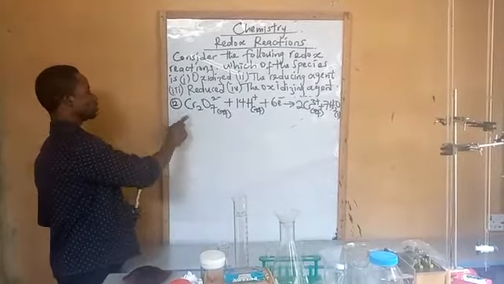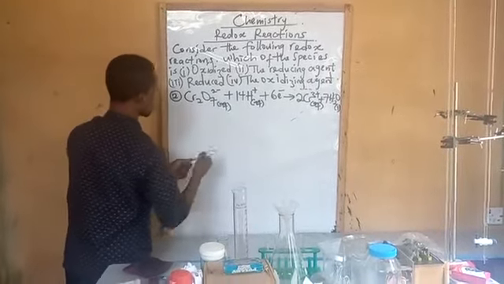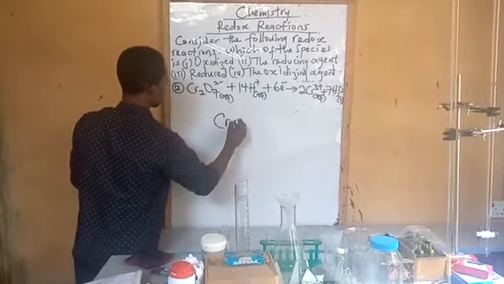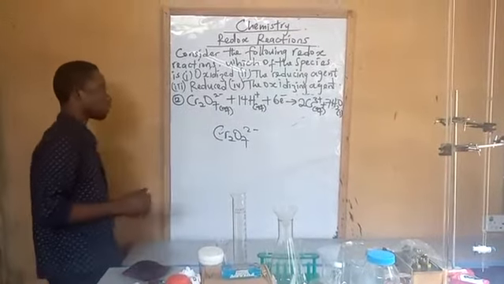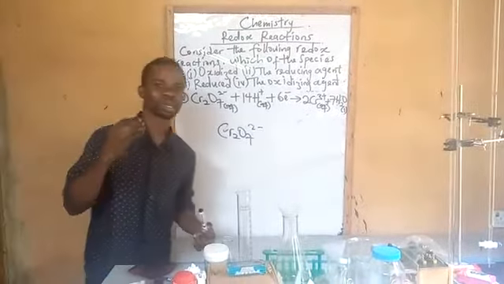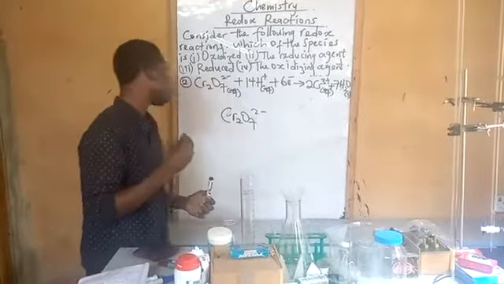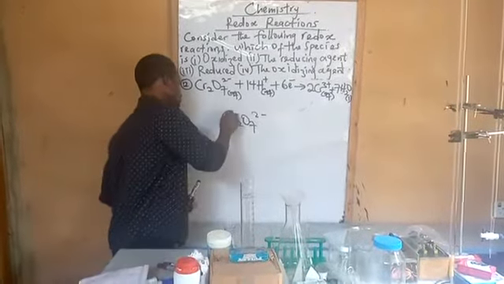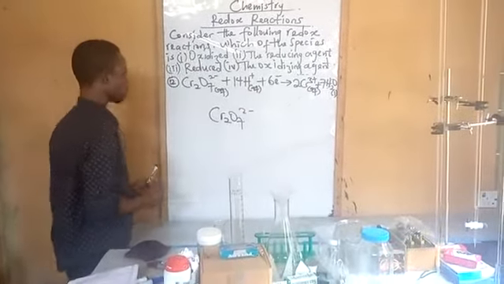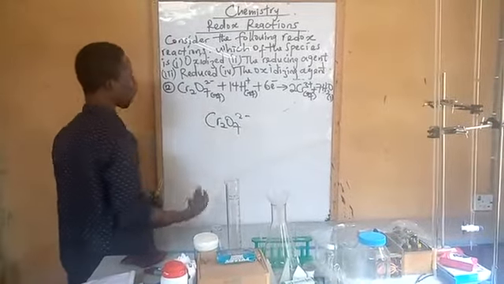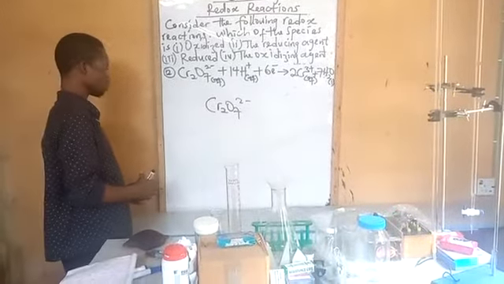Now, how do we know the oxidation number of Cr2O7 2-?